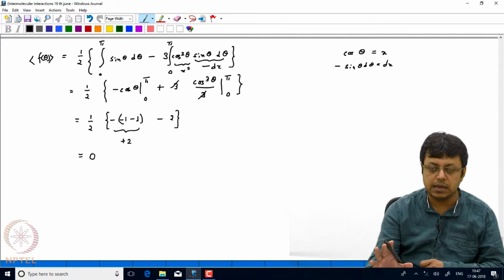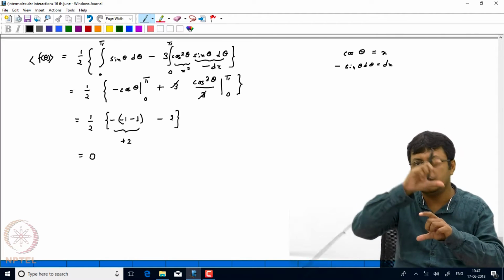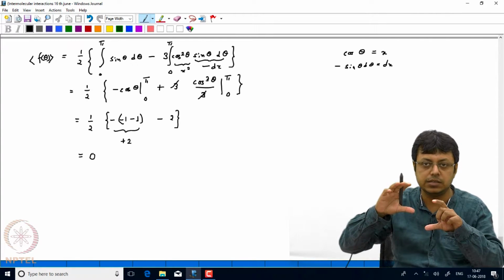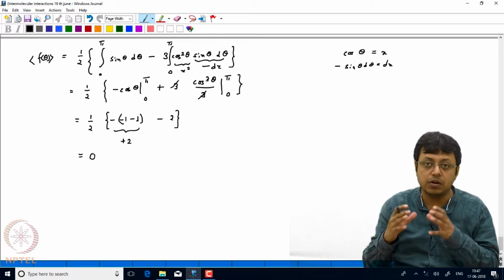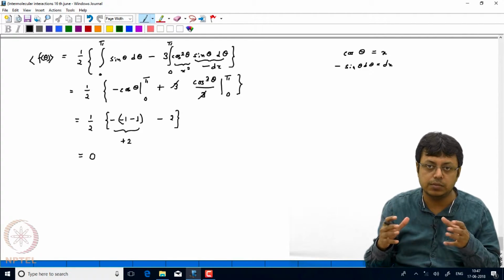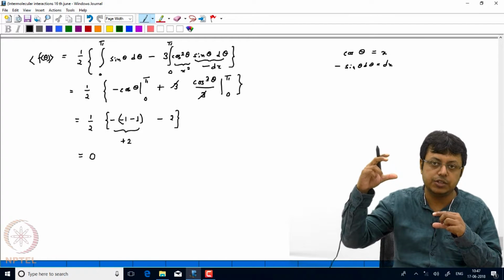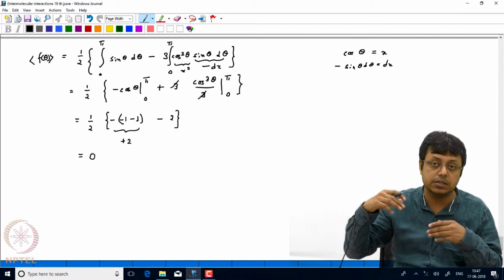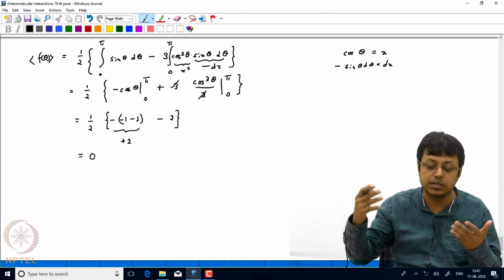Now, what we see here is that if these two dipoles orient randomly, of course, the orientation average is 0. But then we have not considered the dependence of the energy on this orientation, because a particular orientation may be favored, since there is an interaction potential which is changing.